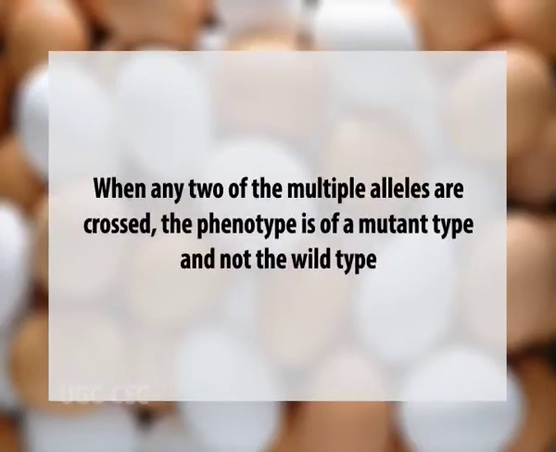The wild-type normal allele is nearly always dominant, while the other mutant alleles in the series may show dominance or there may be an intermediate phenotypic effect. When any two of the multiple alleles are crossed, the phenotype is of a mutant type and not the wild type. Further, F2 generations from such crosses show a typical monohybrid ratio for the concerned character.